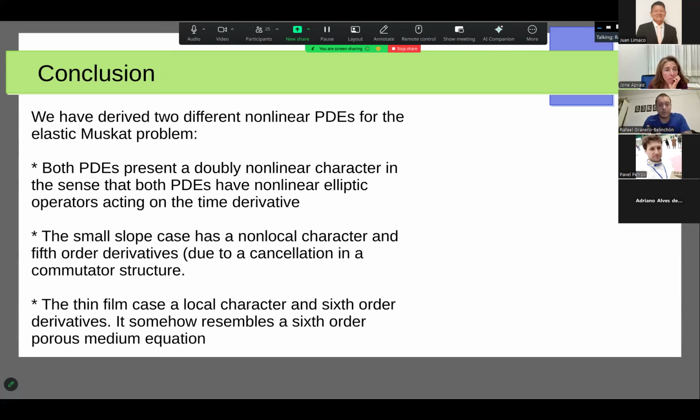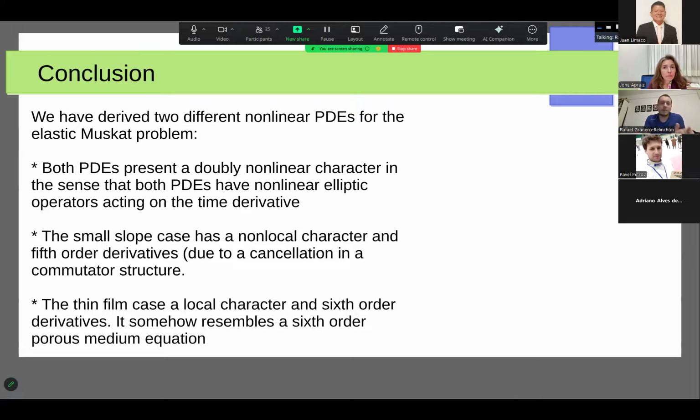So basically, both PDEs present a double nonlinear character, in the sense that both PDEs have a nonlinear elliptic operator acting on the time derivative. This is in contrast with most of the classical PDEs that appear in the literature, that have the time derivative equal to something. Sometimes there is an elliptic operator hitting the time derivative.